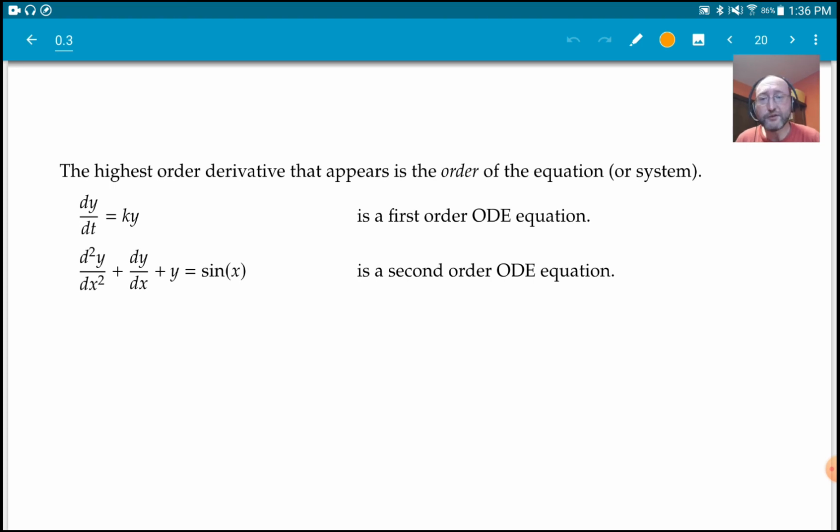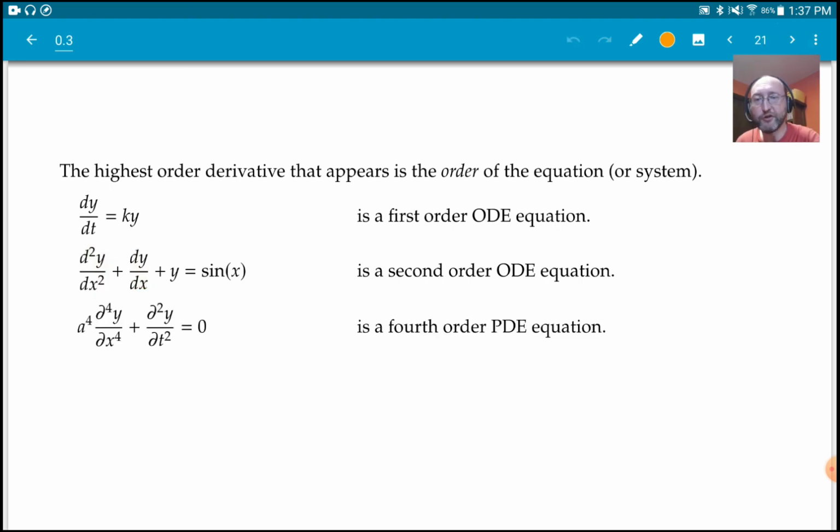Here you have a second order ODE. This could be maybe mechanical vibration if x was time, but it's second order because there's a second derivative there, and it doesn't really matter that it was a first order derivative here. We just look at the highest one.